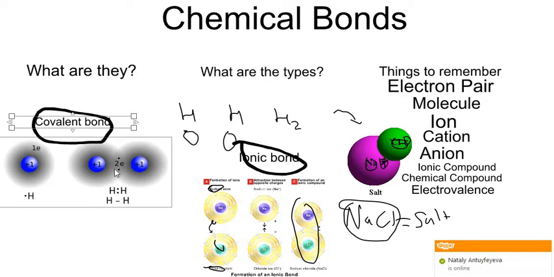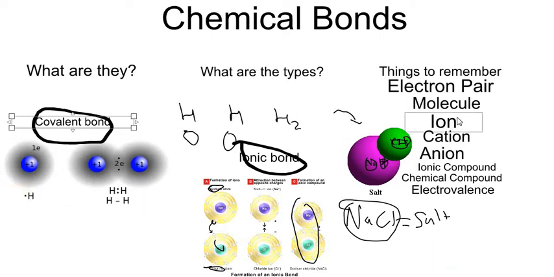And let's see the other things to remember. Electron pair, like shown here, electron pair, molecule, two atoms with a bond, or more specifically covalent bond, ion, electrically charged atom, cation, positively charged atom, anion, negatively charged atom, ionic compound, a compound made by ionic bonding, chemical compound, compound made by just a compound, and let me add one more, molecular compound, important one.